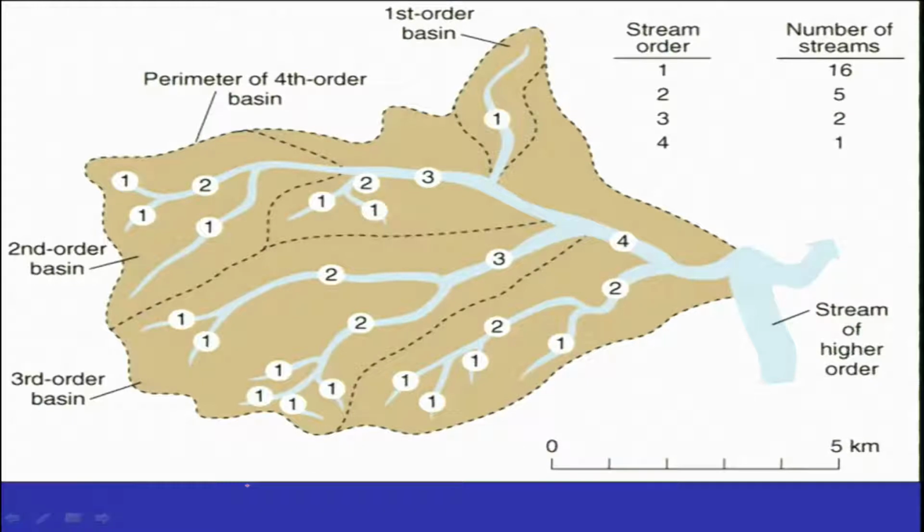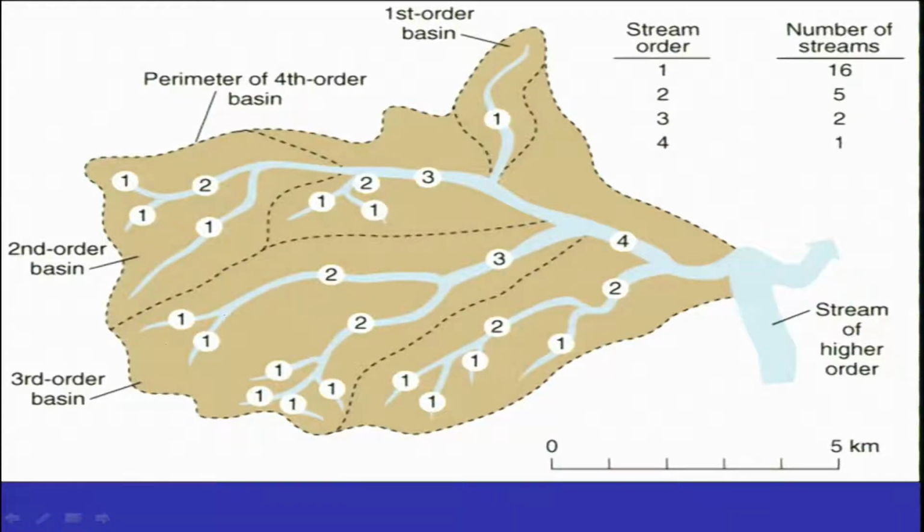And this is the boundary, what we call the basin boundary of this trunk stream, and within that we have smaller tributaries. So, smaller streams joining making the next higher order stream, this is what has been shown here, this is what we call stream ordering. So, we have the place where the basin or the river originates or the smaller tributaries originate and go and meet the major one.